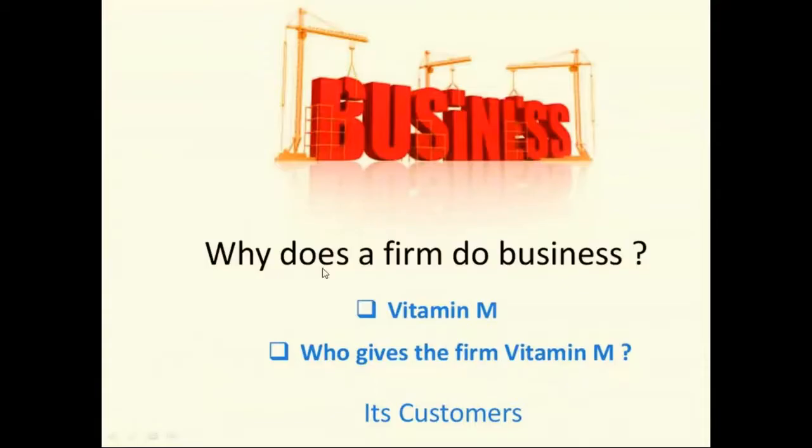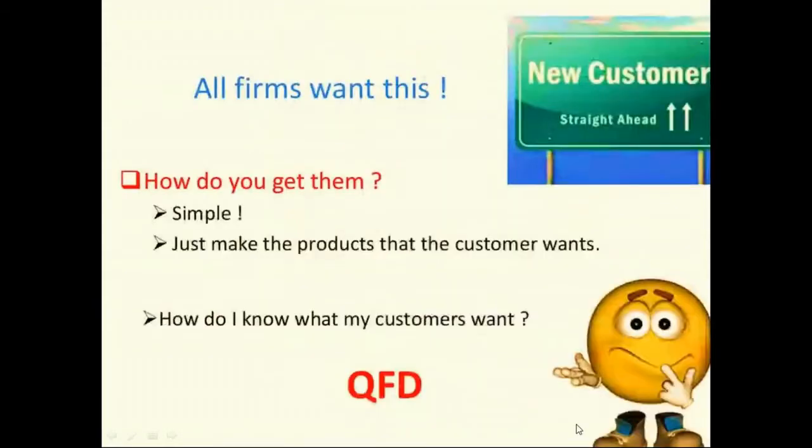So when we talk about this, what does that mean? It means business. Why does a firm do business? Because it requires its vitamin M. And what is this vitamin M? It is nothing but the customers for the business. So all firms require more and more customers so that they will stay in the industry.